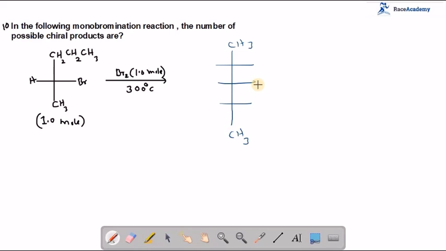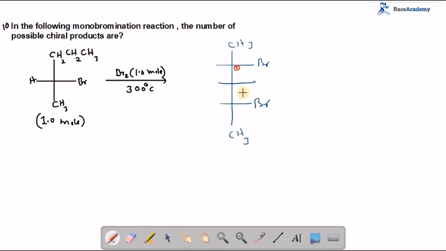Then the remaining 3 you write like this, 1, 2, 3. Already we have one bromine present in this position. So this is one chiral center. There is a possibility of writing a bromine here or here. So if you write here, then you can consider this one chiral center, monobromination.